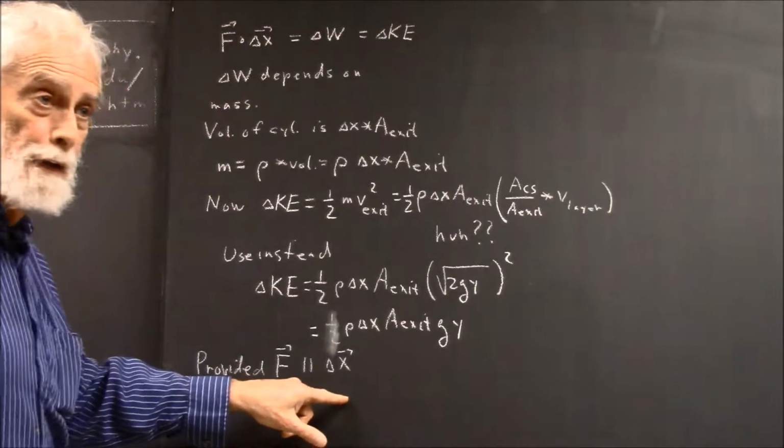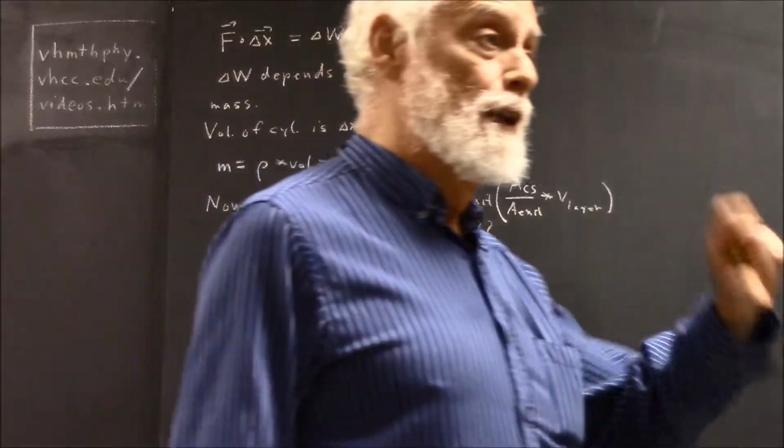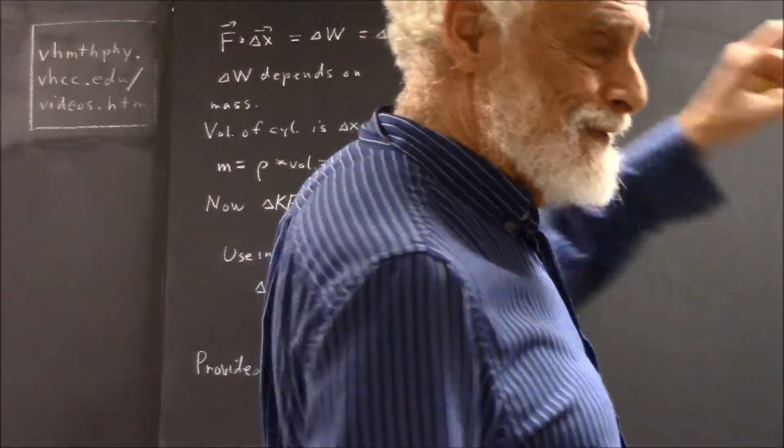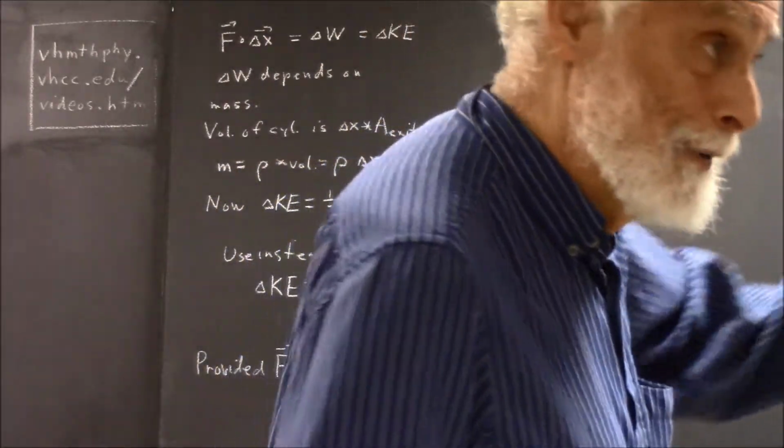Provided F is parallel to delta x, then F dot delta x is just F times delta x, right?